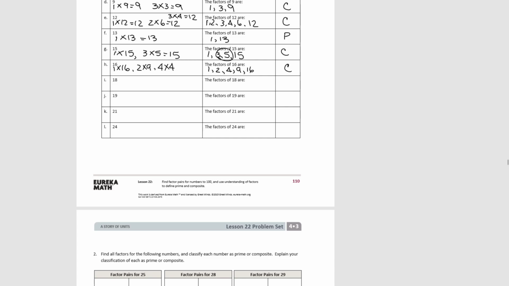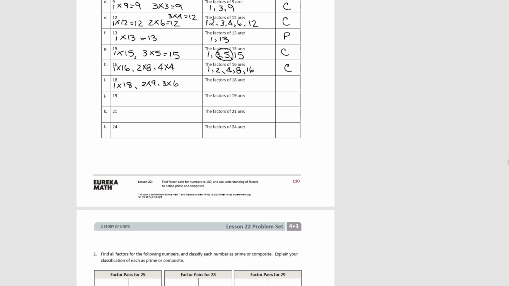Try the number 18. For 18, we can do 1 times 18. We can do 2 times 9. We can do 3 times 6.